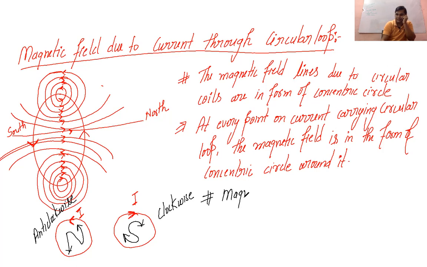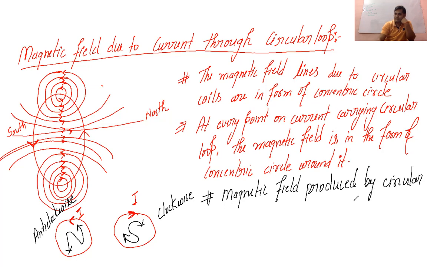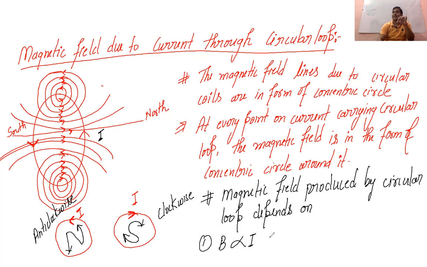Magnetic field produced by circular loop depends on. देखिए डिपेंडेंसी किसके किस पे होती है? B is directly proportional to I. जितना ज्यादा करंट इसमें फ्लो करेगा बच्चे, जितना ज्यादा करंट सर्कुलर लूप में फ्लो करेगा उतना ज्यादा मैग्नेटिक फील्ड होगा.